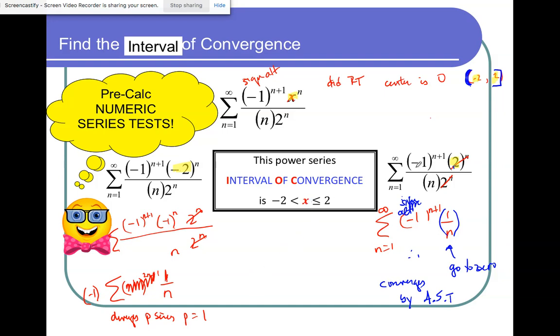And this time I wrote it, but this notation is full credit. And this is full credit. If this happened to be multiple choice, this answer is what you will see. They will write it in inequality notation. But do you see that I have the equal sign on the endpoint that I plugged in and got convergence? I have no equal sign with the endpoint that I plugged in and got divergence.